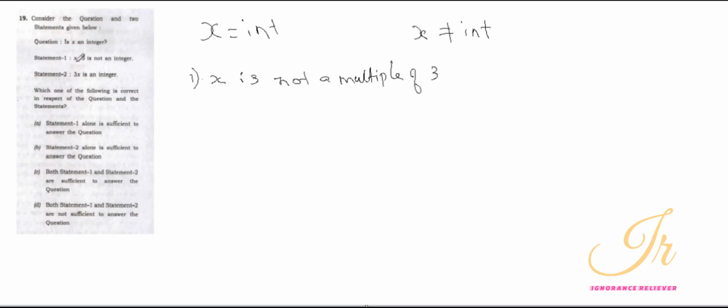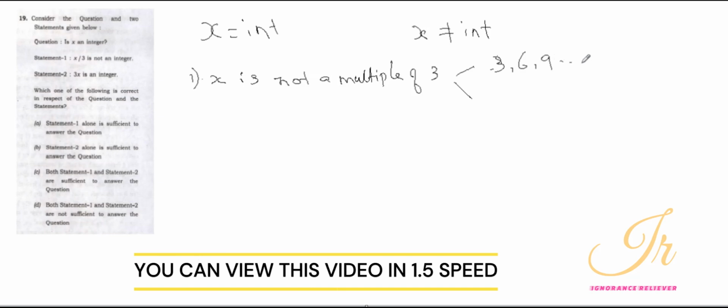Because if it is a multiple of 3, then this becomes an integer. So this alone we can conclude from statement 1. So it can't be 3, 6, 9, and so on.